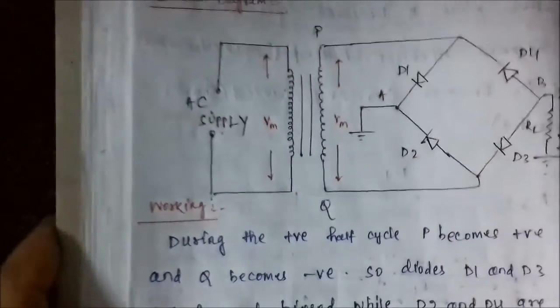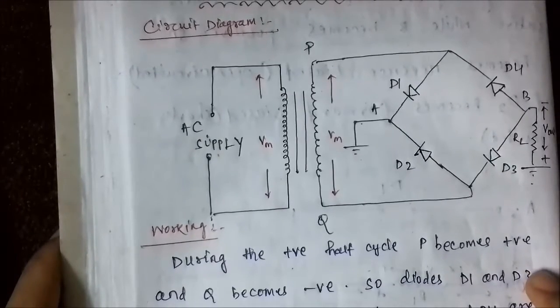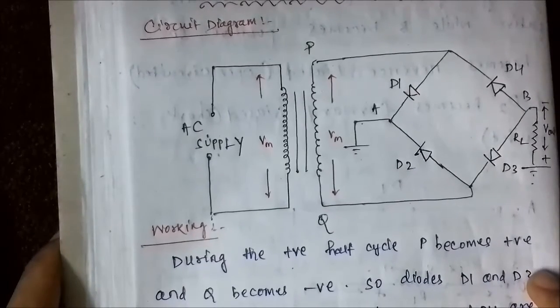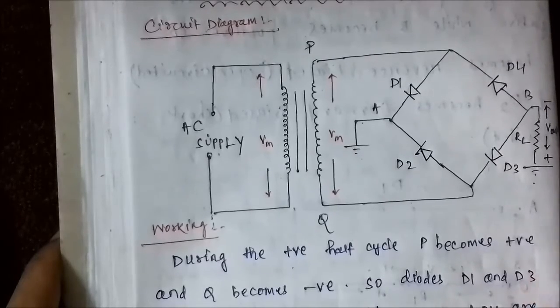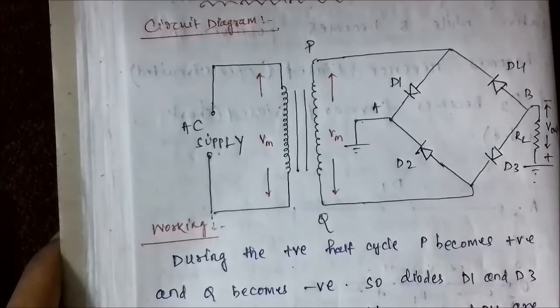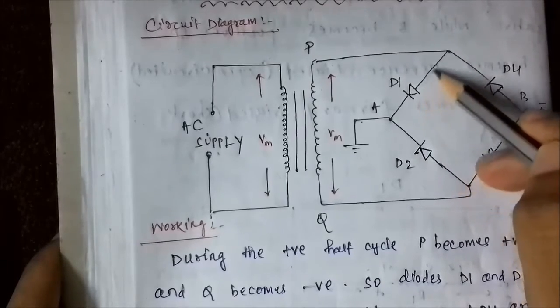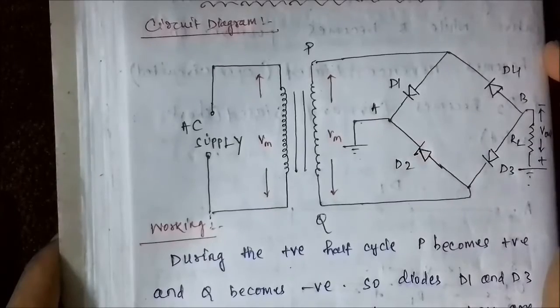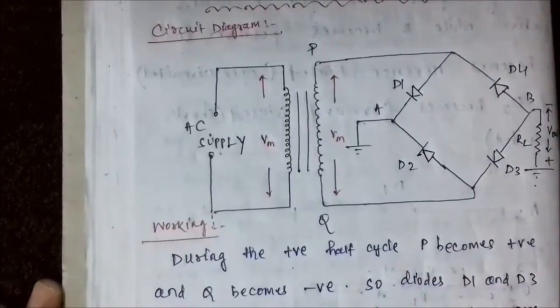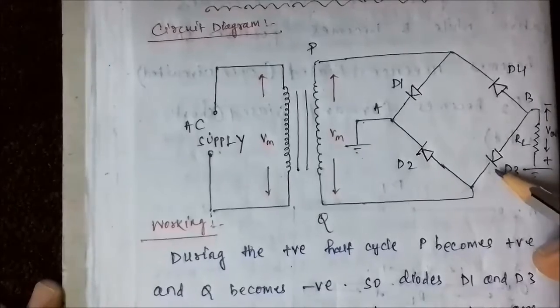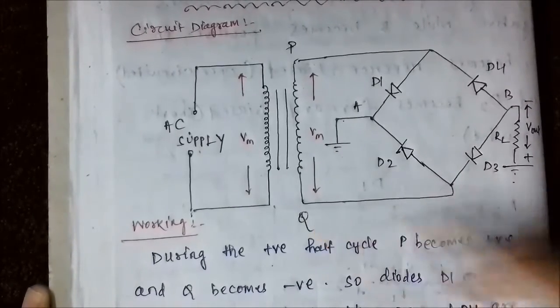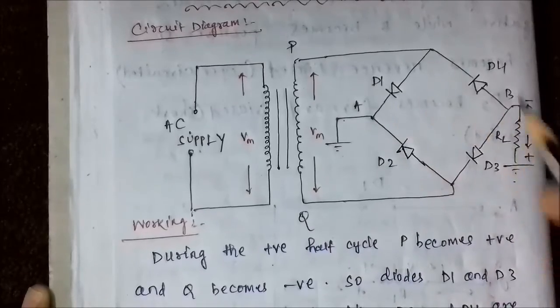So during the positive half cycle, the end P attains a positive polarity, while the end Q attains a negative polarity. So as a result, the diode D1, with its p-type end connected to the positive polarity side, and the diode D3, with its n-type end connected to the negative polarity side, become forward biased.